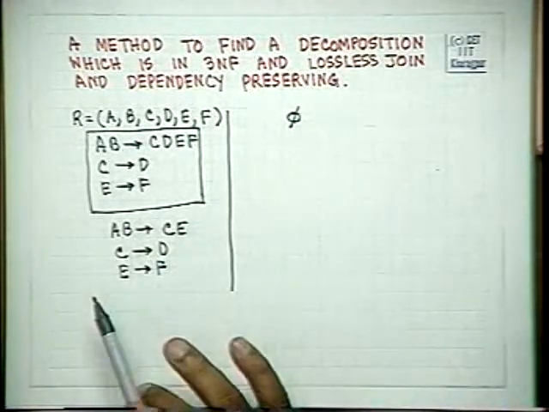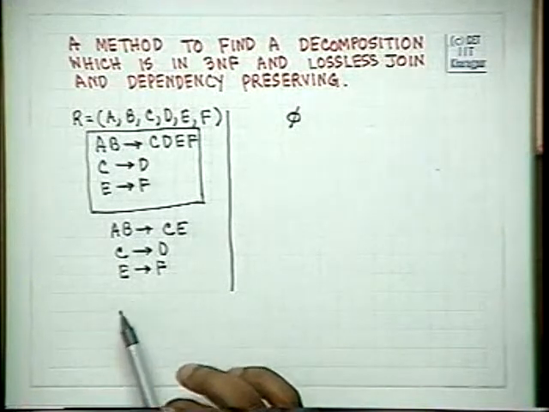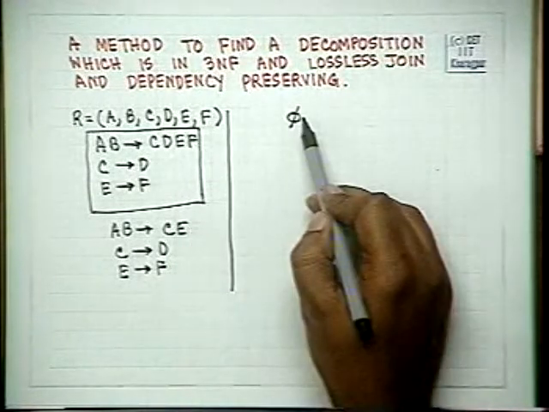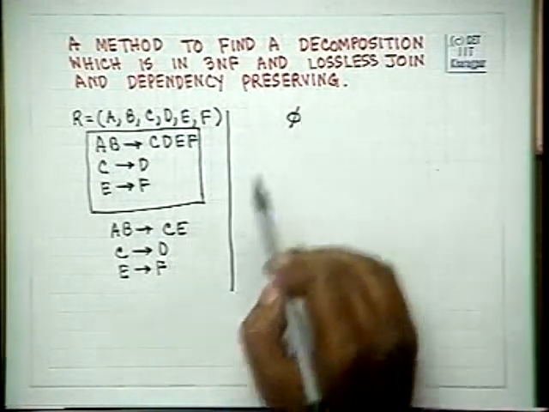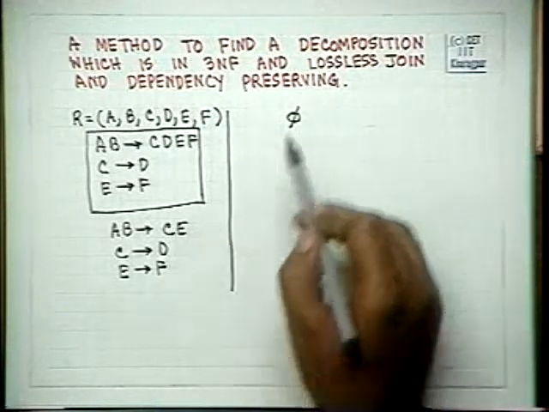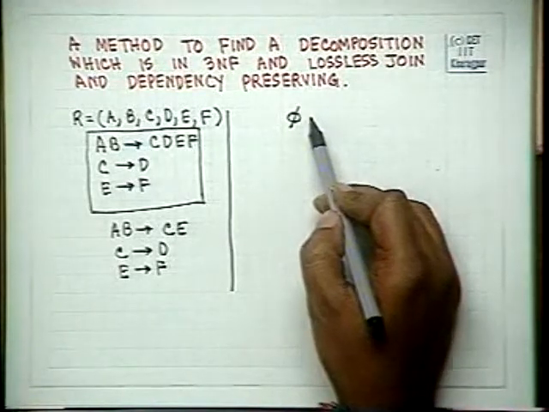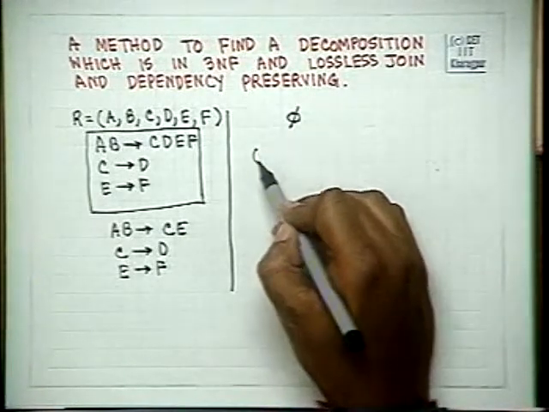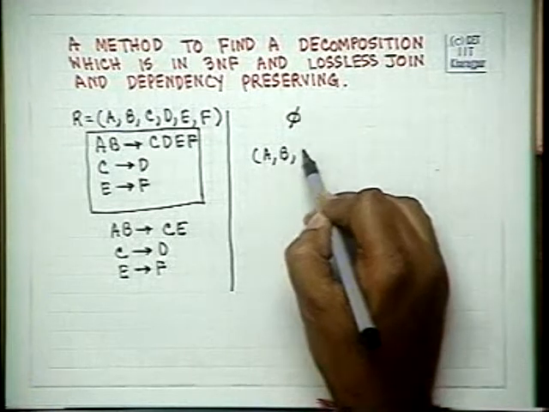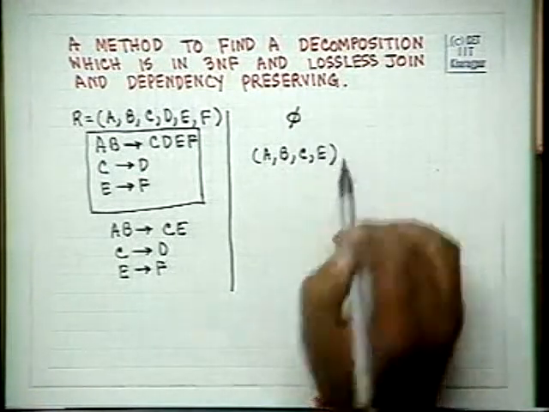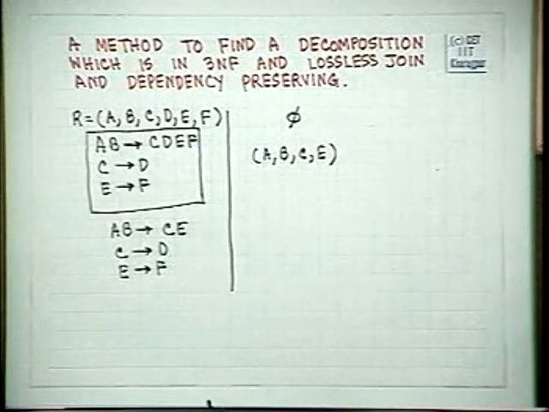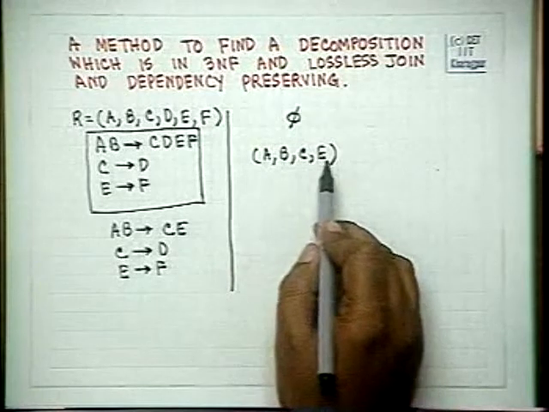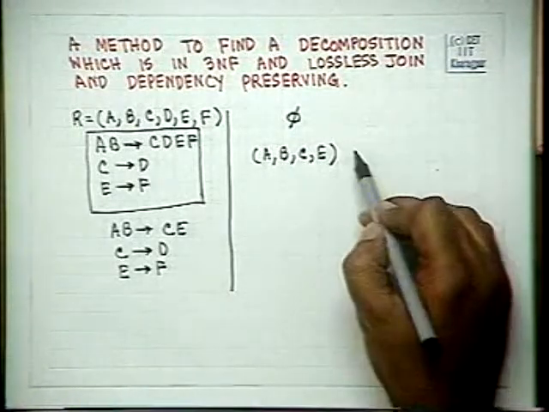Knowing that the relation scheme is not in 3NF, we start. We pick up any functional dependency. Initially the set of decomposed relations is null. If it is not already present as a subset somewhere here, we simply add it. We pick up this one, this is not present here, add it.